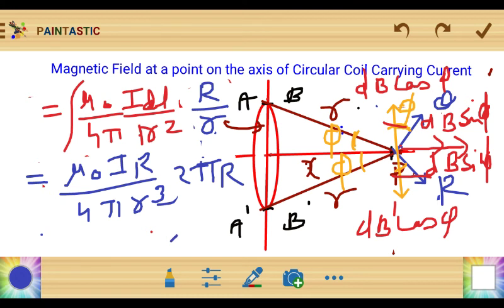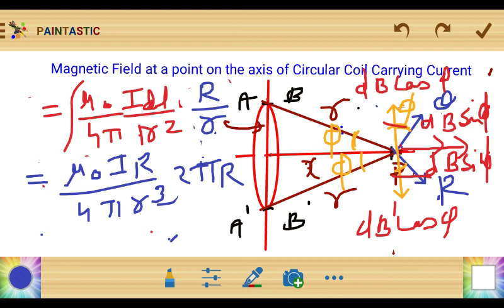Remember, we are not cancelling 2 pi and 4 pi, because I want to keep them separate. Now one more thing, we can simplify further.